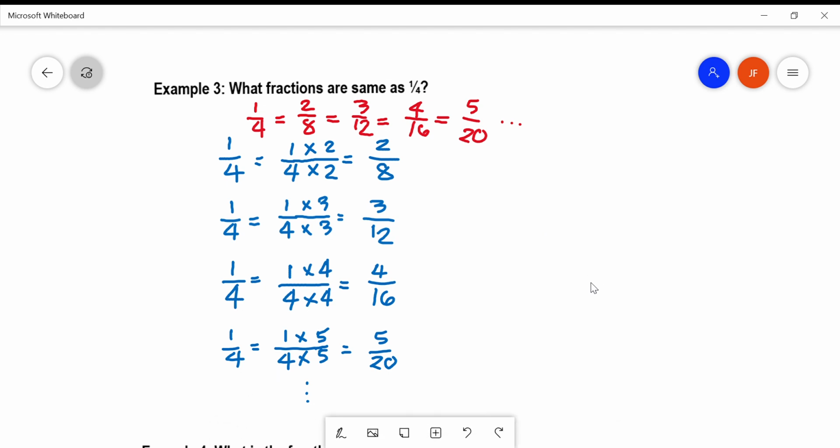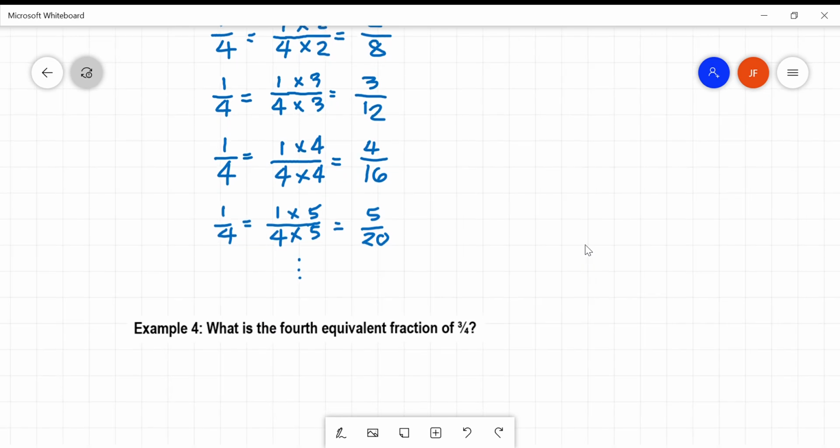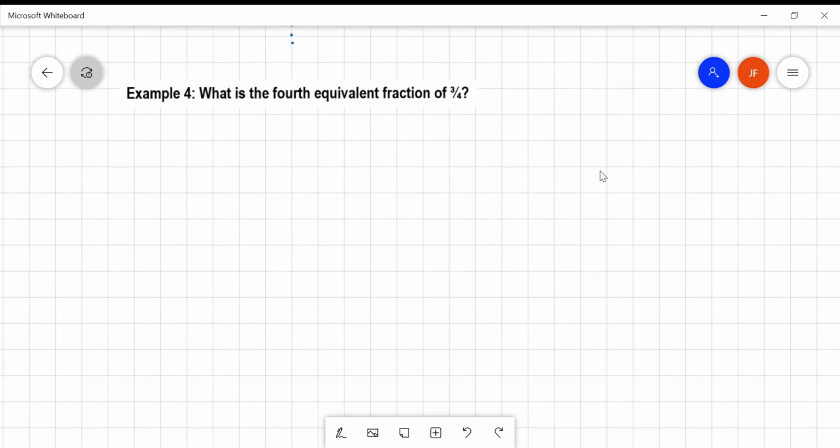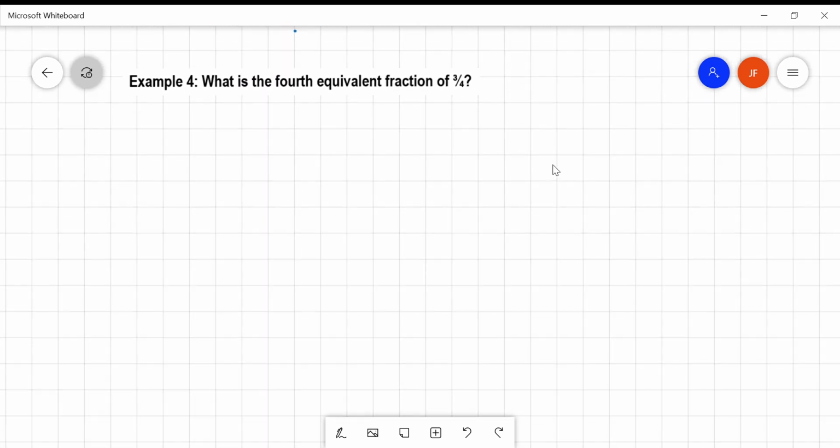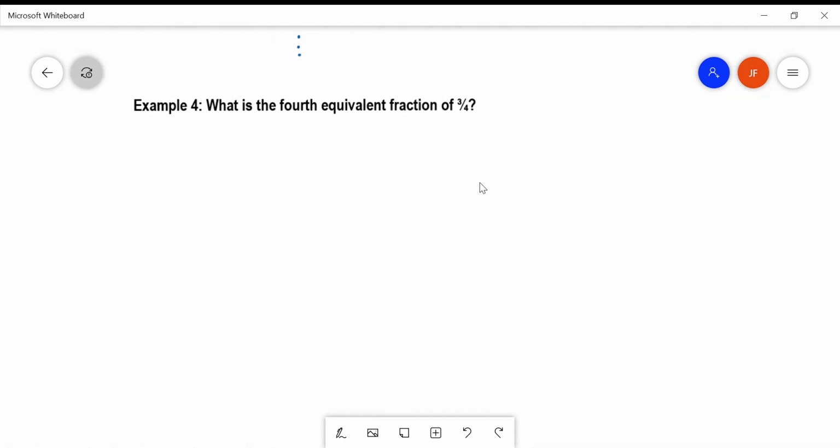Okay, I think we have here another example, the last one. So example number 4. What is the fourth equivalent fraction of 3/4?